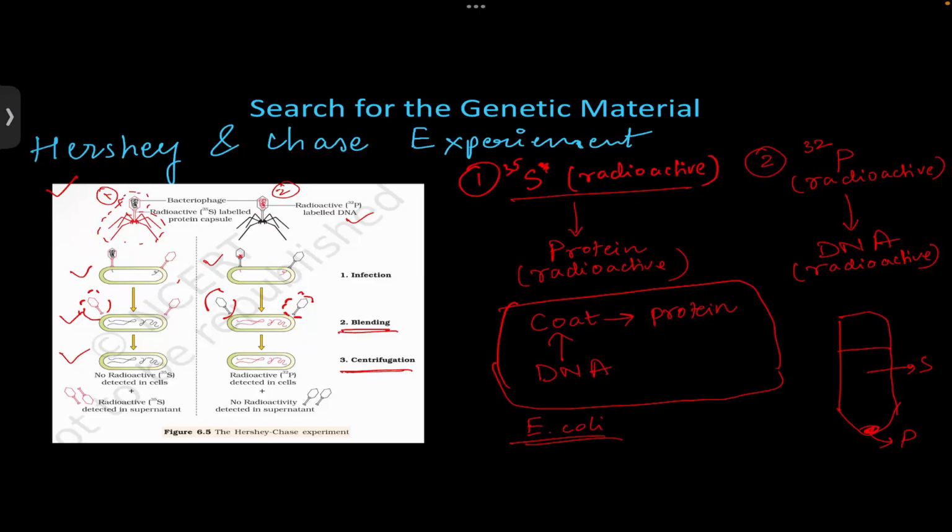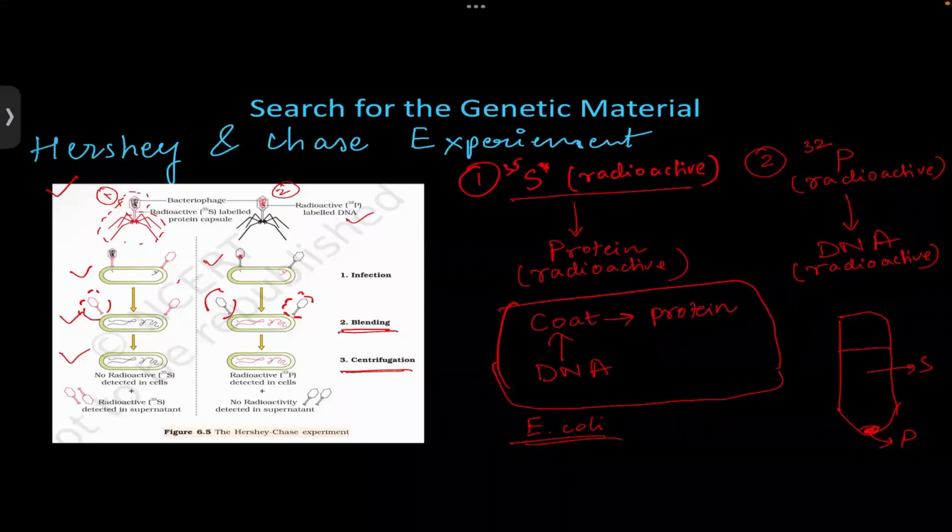So in the supernatant of the first group, they found radioactivity, whereas in the pellet, where there was the bacterial cell, no radioactivity was detected. That means the radioactive isotope S35 was not present inside the bacterial cell, so it was not radioactive in nature. The supernatant had the viral protein coating, made up of radioactive sulfur, so radioactivity was detected in the supernatant.